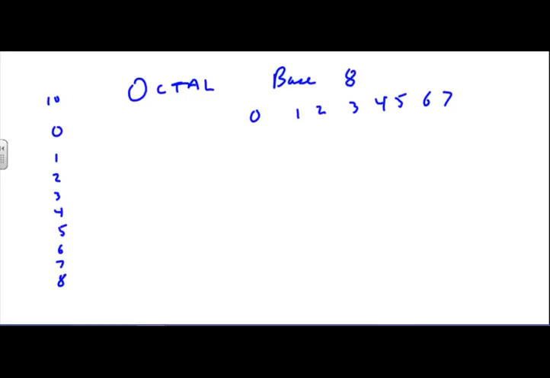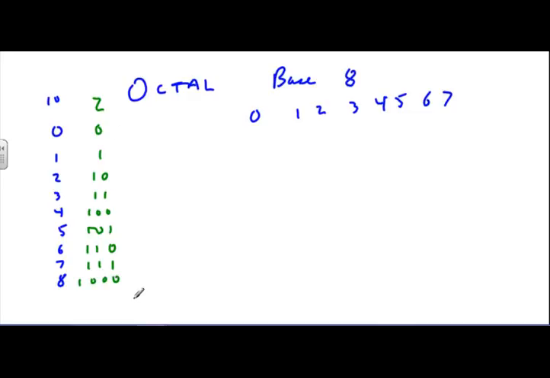In base 2, I would have 0, 1, 10, 11, 100, 101, 110, 111, and 1000.